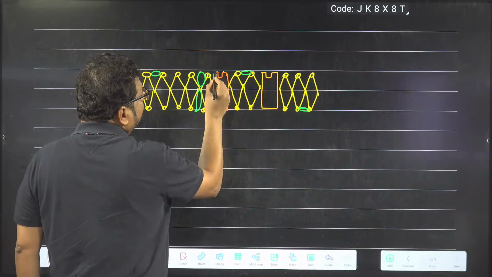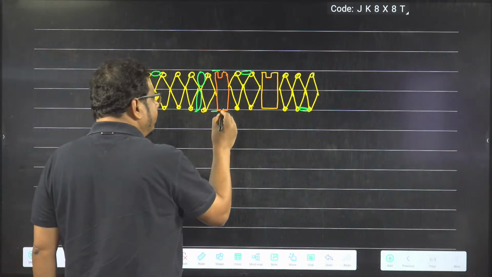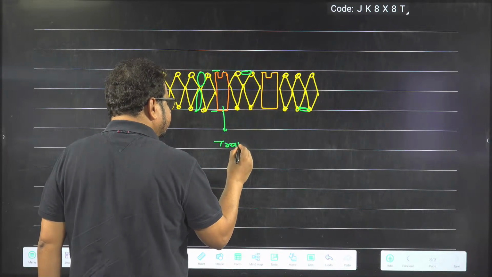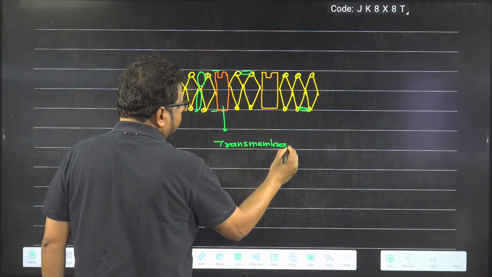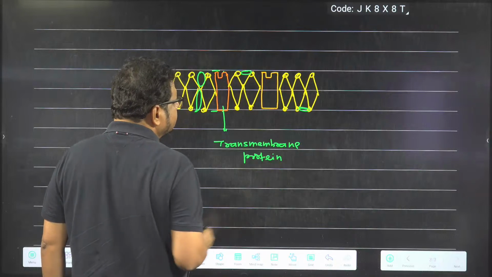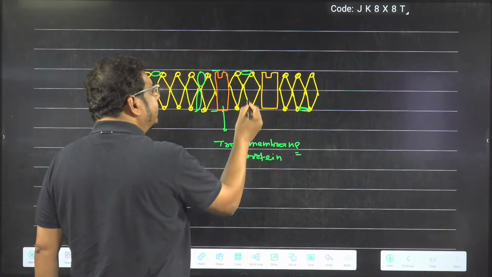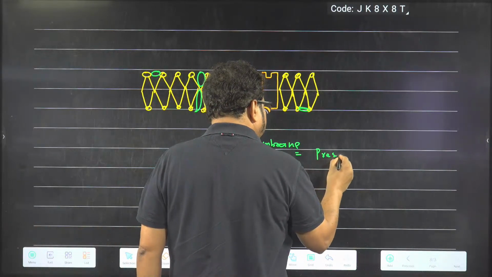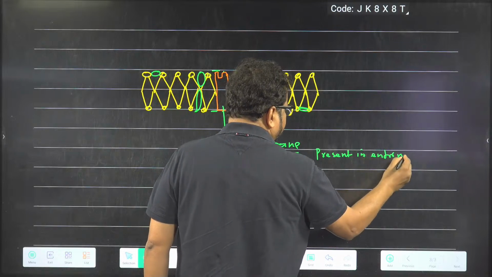The protein that goes from one side of the membrane to the other side of the membrane, that type of intrinsic protein is called a transmembrane protein. A transmembrane protein is present in the entire thickness of the membrane.